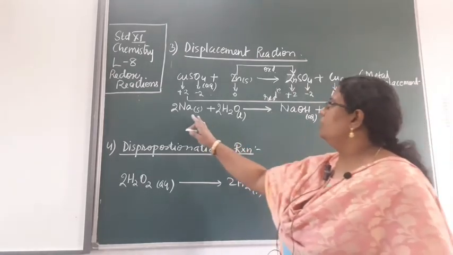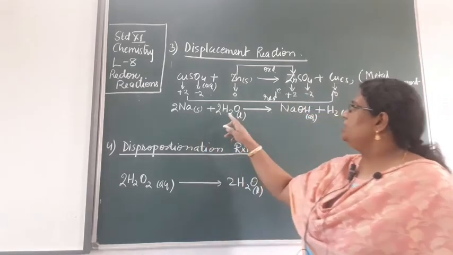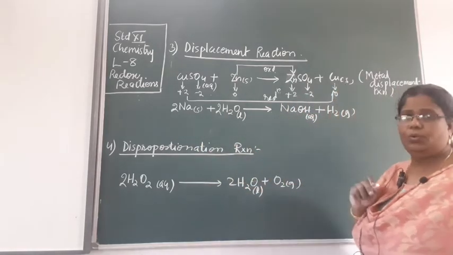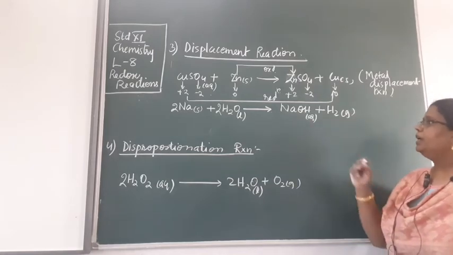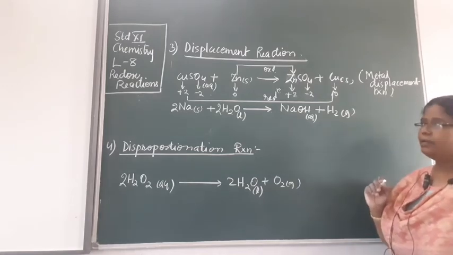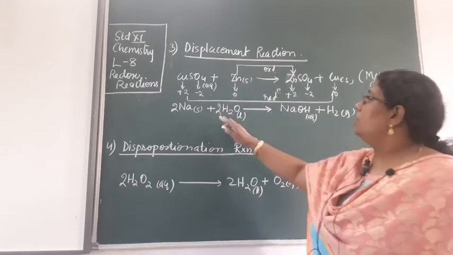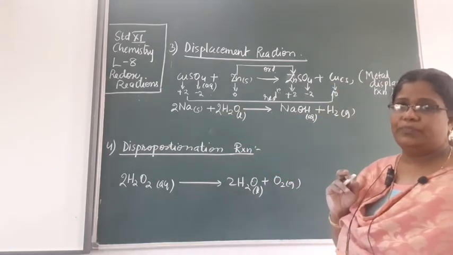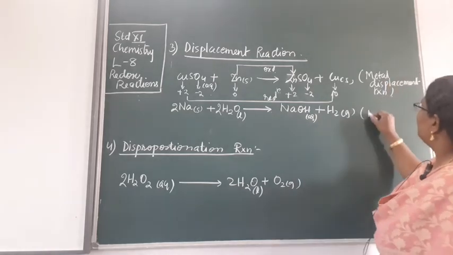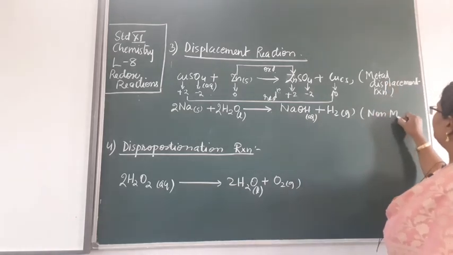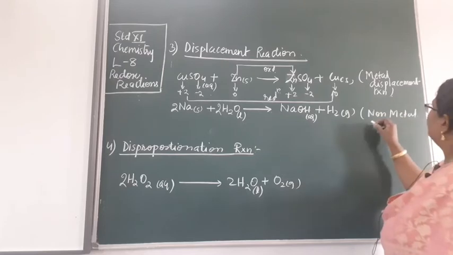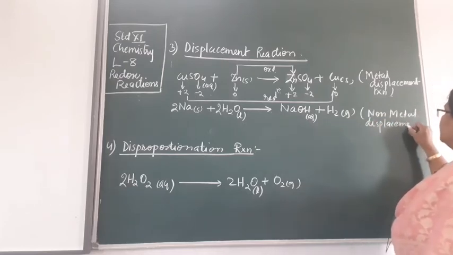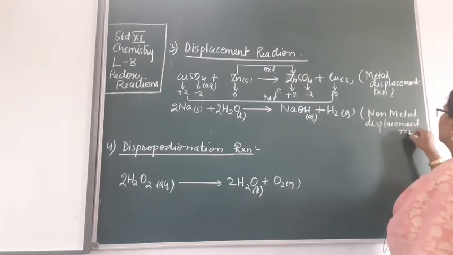Similarly here what do you observe? The H2O में से H is being replaced by Na to give you NaOH, okay, and H2 is formed. So this is also Na displacing H from H2O. So this is a reaction which we call as non-metal displacement reaction.